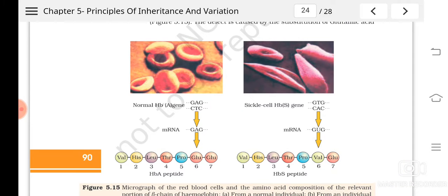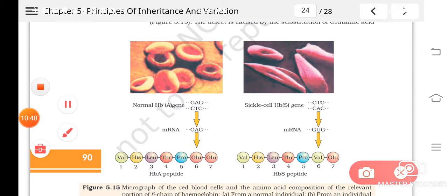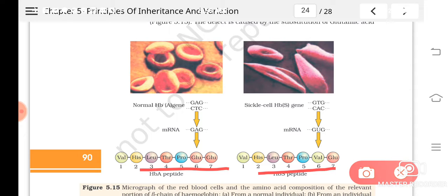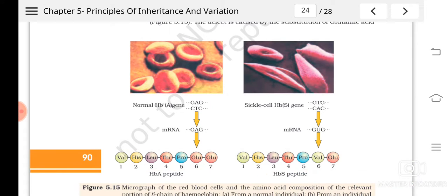Instead of glutamine, which is the normal one, another polypeptide chain will be produced, which has valine instead of glutamine. So the shape of the RBCs will get changed, and this will result in a diseased condition called sickle cell anemia.